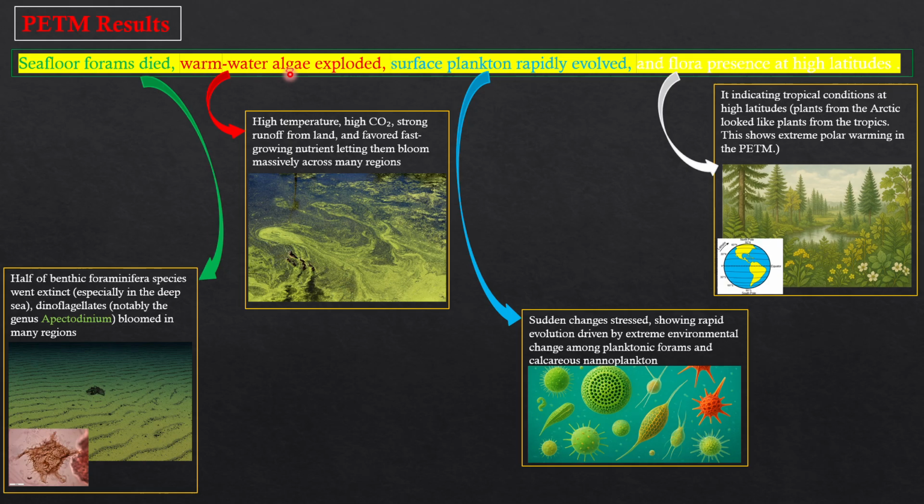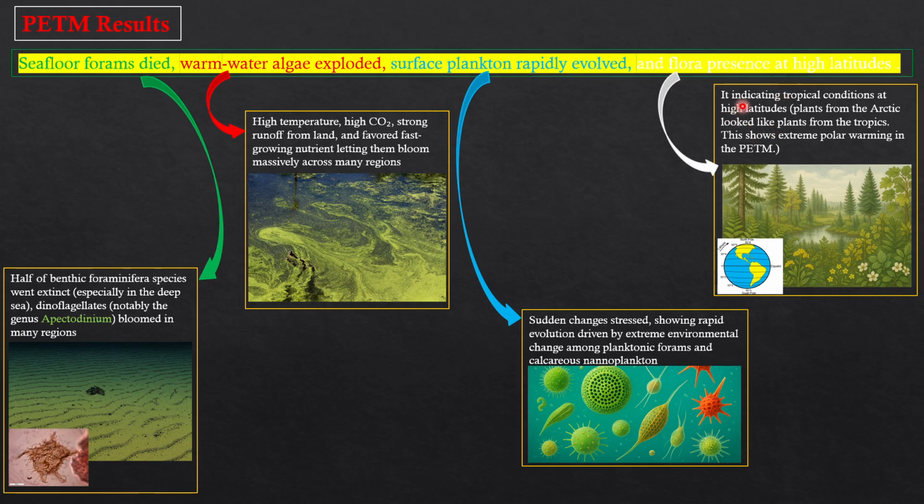Number two is that warm water algae exploded. The nutrient flux came from the land and was deposited in the ocean, causing eutrophication. Due to the eutrophication, the planktonic foraminifera evolved and were replaced by new species.